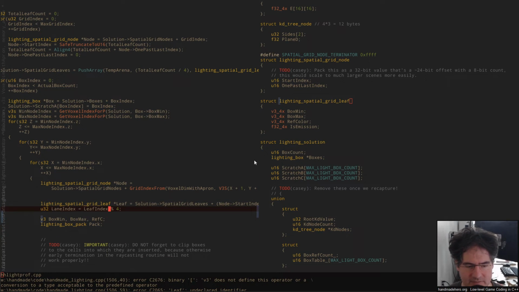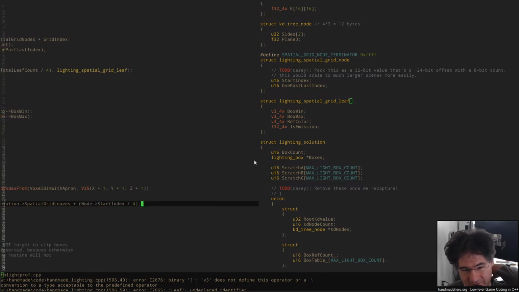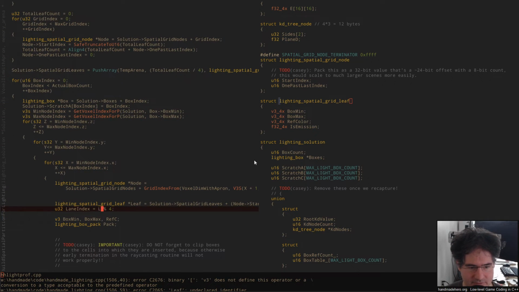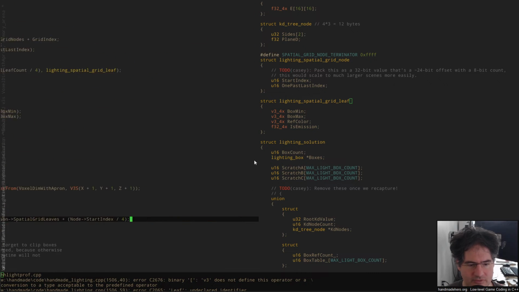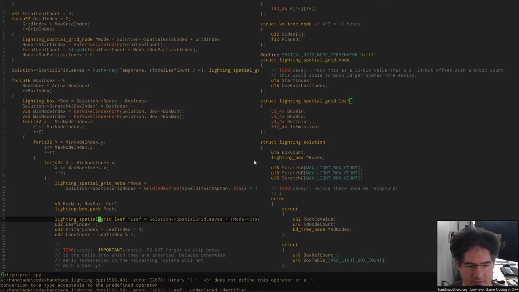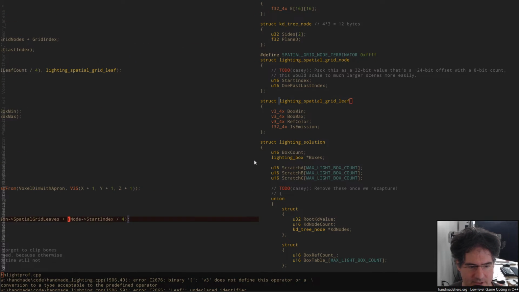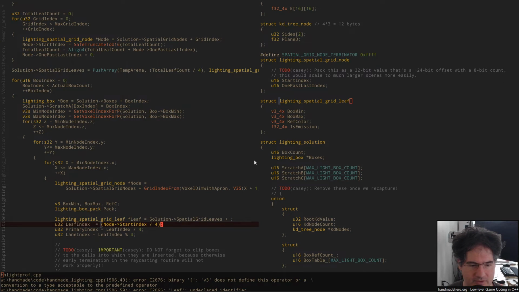For the lane index, it's just the mod 4 of the... Well, actually, you know what? I take it back. That's not true. I jumped the gun a little bit there. We do actually still need the leaf index because we can move to a different leaf, right? So for the leaf index, we have to do the node start index plus the node one past last index.